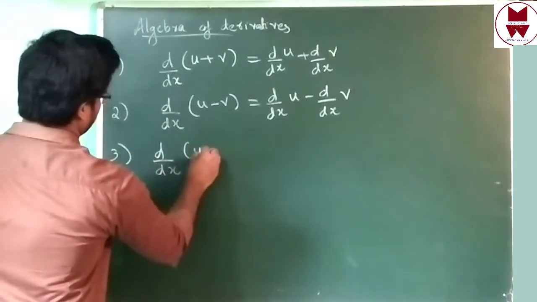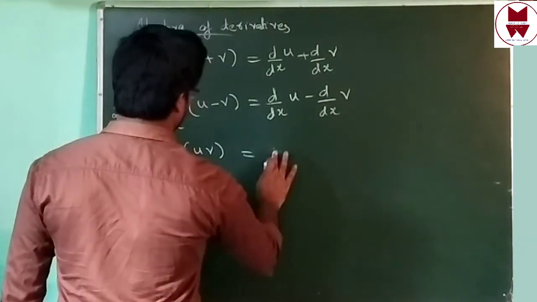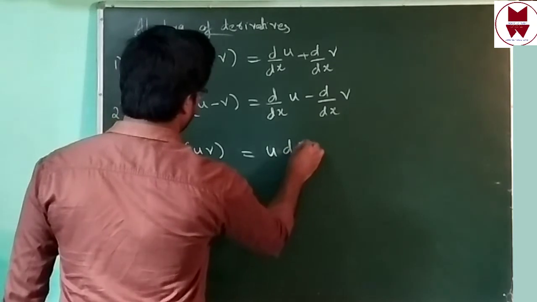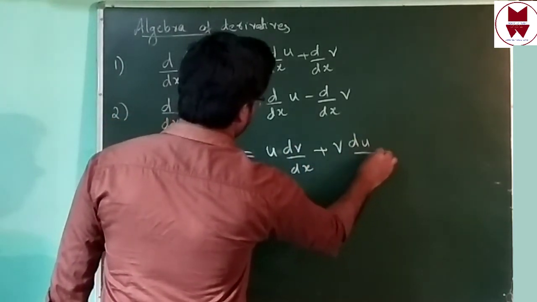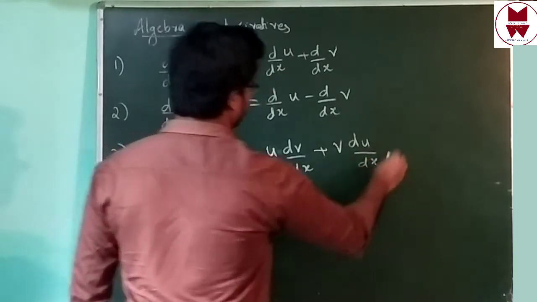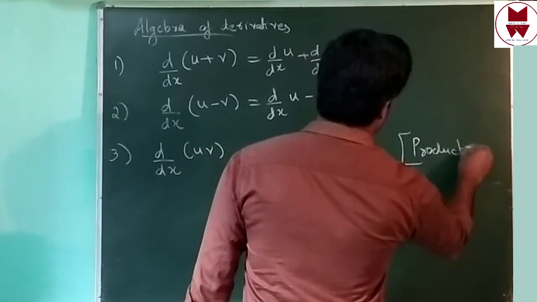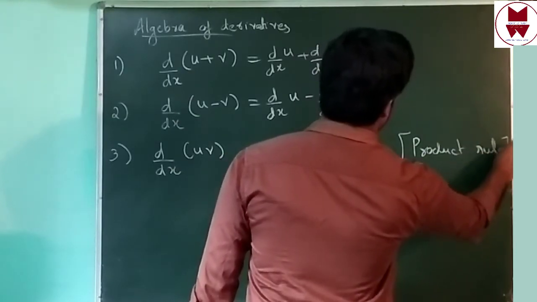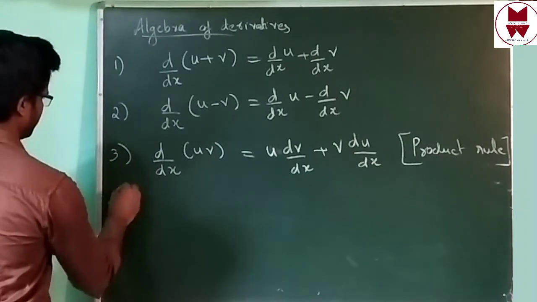The next, product. Multiplication, u v. This is a little different. We can write u dv by dx plus v du by dx. This is known as the product rule. The next, division.